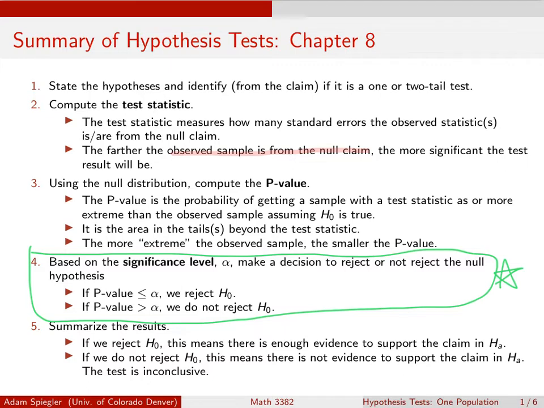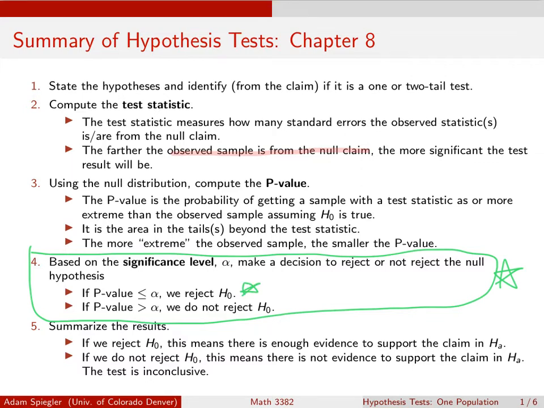But for now, let's just think about the significance level as representing the benchmark for how extreme our sample needs to be. So if our p-value is less than the significance level, then in that situation, we can reject the null hypothesis. So we hope that we're in this boat over here.